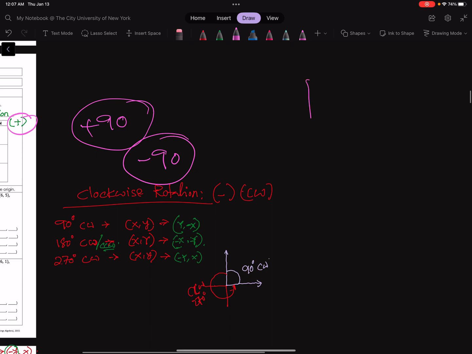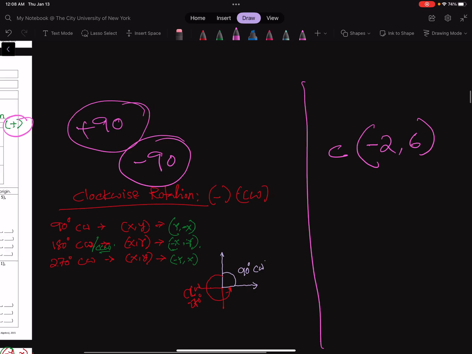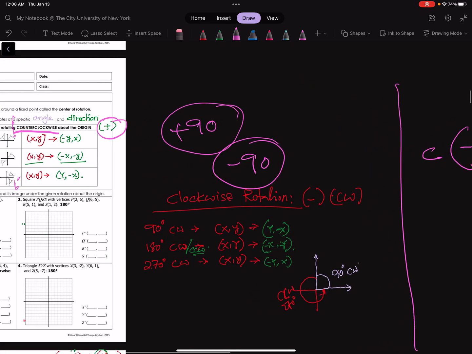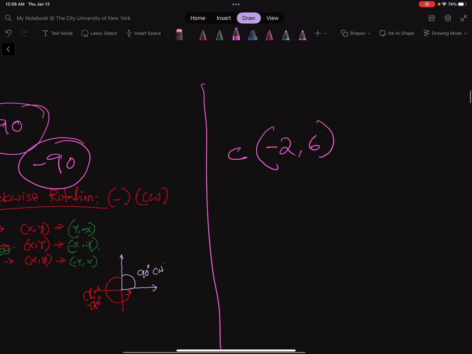Let's say there is a point C that is (-2, 6), and I tell you to make a clockwise rotation of 90 degrees, okay? So clockwise 90 degrees, rotate that.